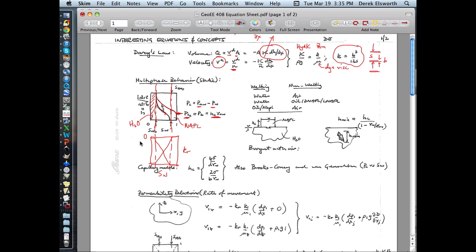This is between 1 and 0, relative permeabilities. And this would be the relative permeability for the wetting phase. 100% water would be here. So this would be the wetting phase, and this one would be the non-wetting. And we talked about how those change. And so these are key diagrams to understand what's going on.